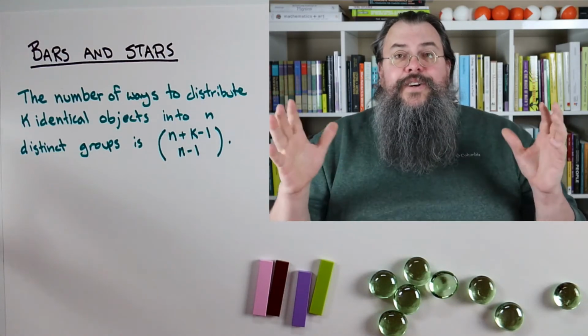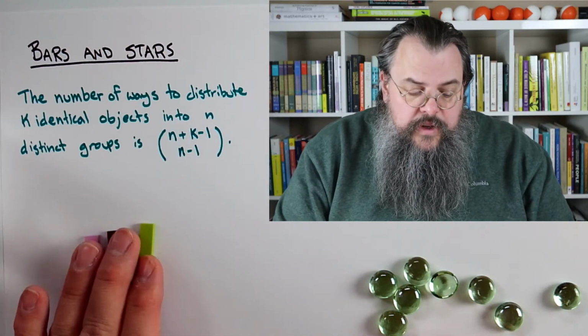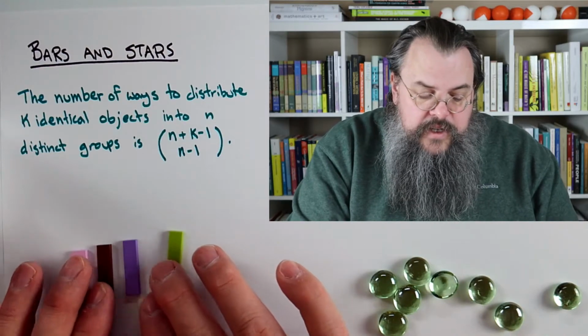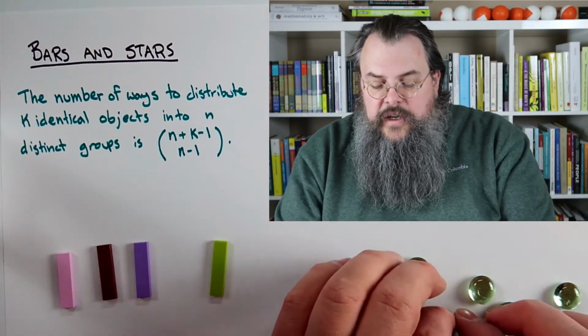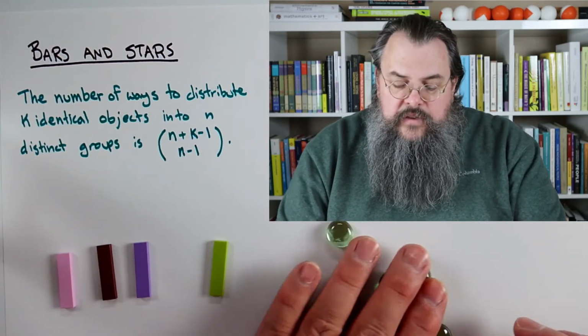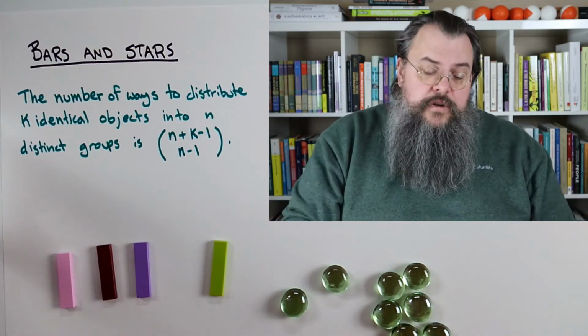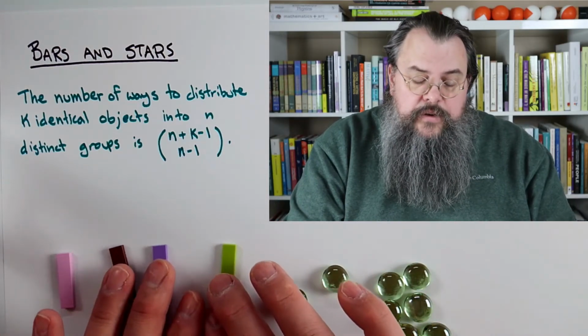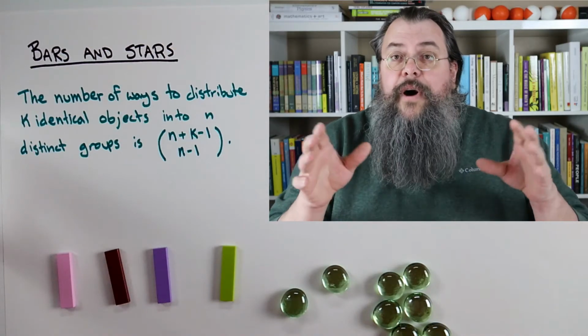All right, so how do we do it? Well, the answer is we're going to use two things. We're going to use dividers, which are going to act as the bars, and we're going to have the stars, which are our objects. And what we do is we think about, suppose we want to have some number of groups, the number of boxes, if you will.